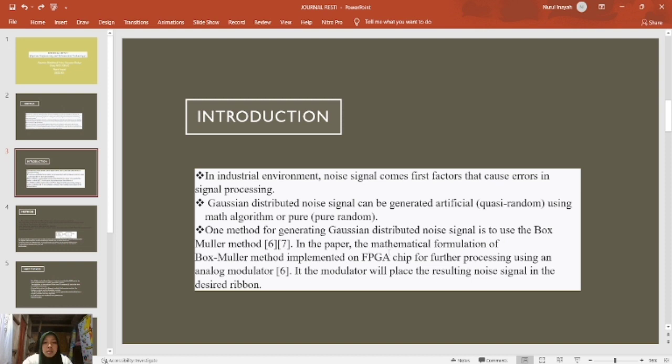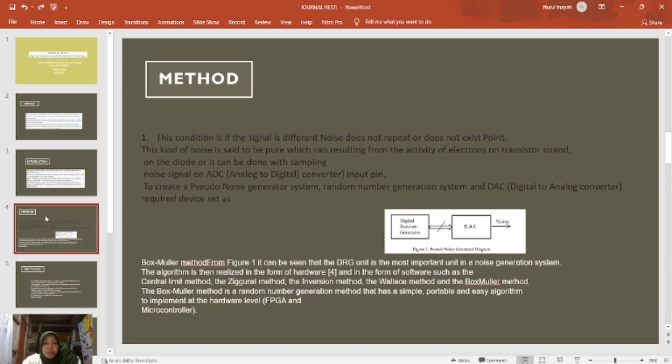In the paper, the mathematical formulation of the Box-Muller method is implemented with a filter placed using an analog modulator. In the modulator, we place the resulting noise signal in the reservoir. Next, the method.